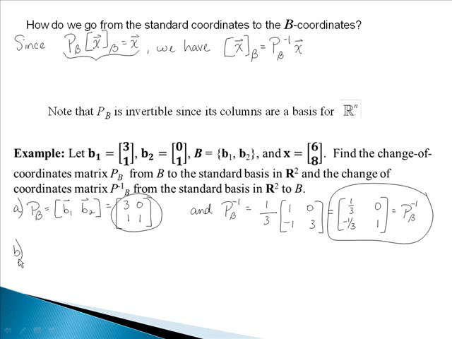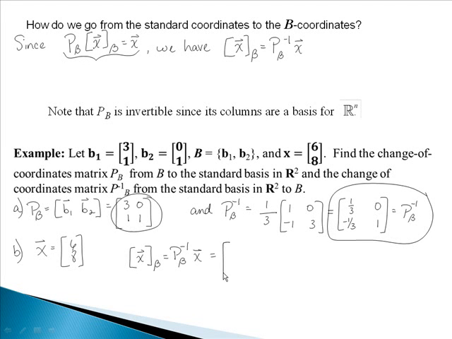So the second part of this example is, given our vector x, which was equal to this vector 6, 8, we want to use our inverse to find our coordinate vector. The coordinate vector is going to be equal to the inverse of our change of coordinates matrix times our vector x.